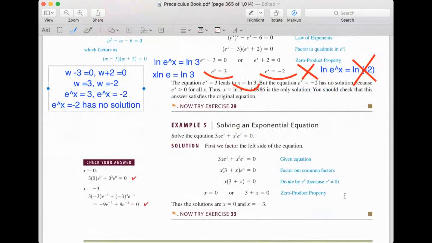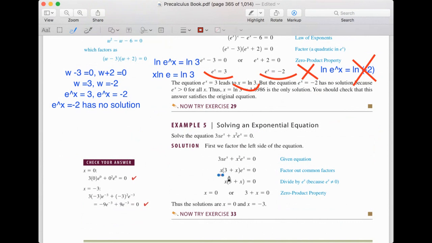All right, let's see the next example. We have 3x e to the x plus x squared e to the x equals 0. So we see e to the x in both terms, right? We can factor it out. Also both terms have x, so we can factor out x e to the x.